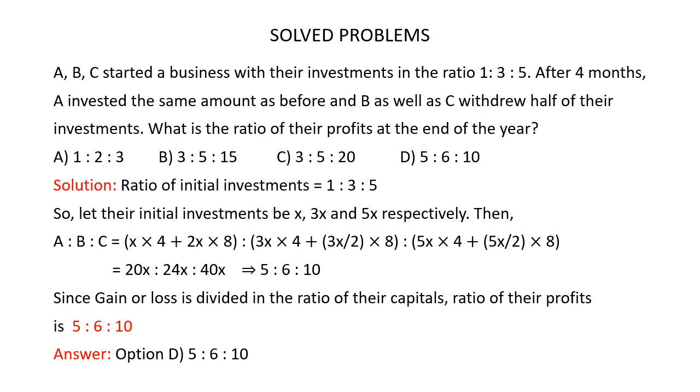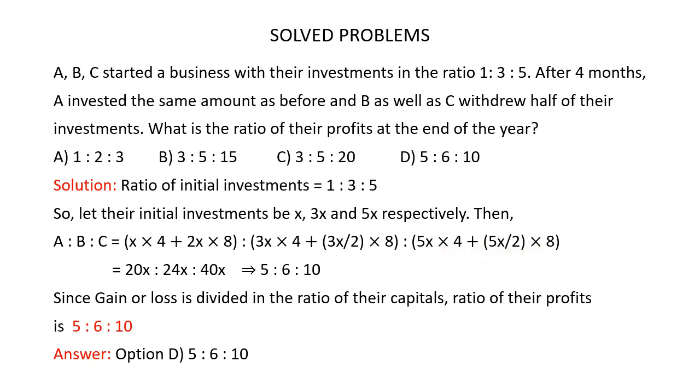So the ratio of investment of A, B and C is x multiplied by 4 plus 2x multiplied by 8, is to 3x multiplied by 4 plus 3x by 2 multiplied by 8, is to 5x multiplied by 4 plus 5x by 2 multiplied by 8.